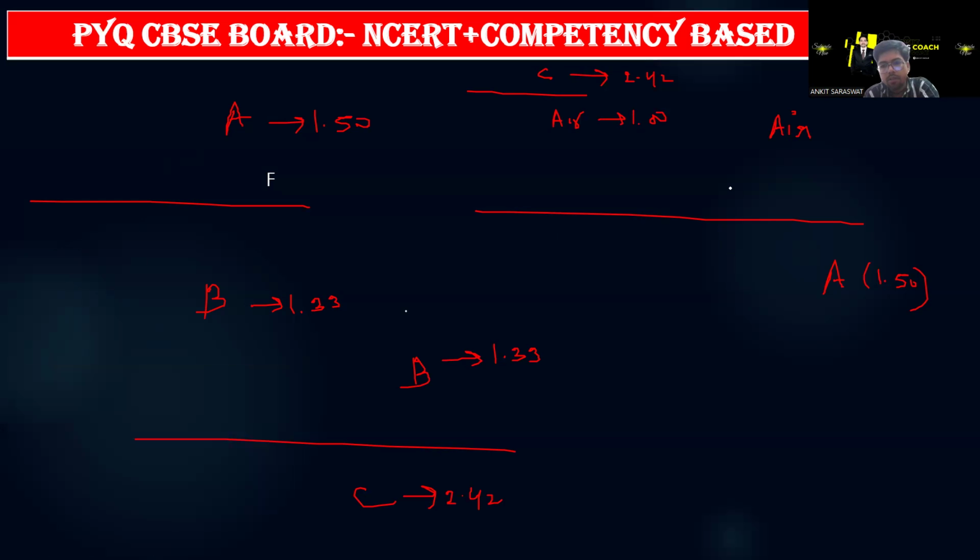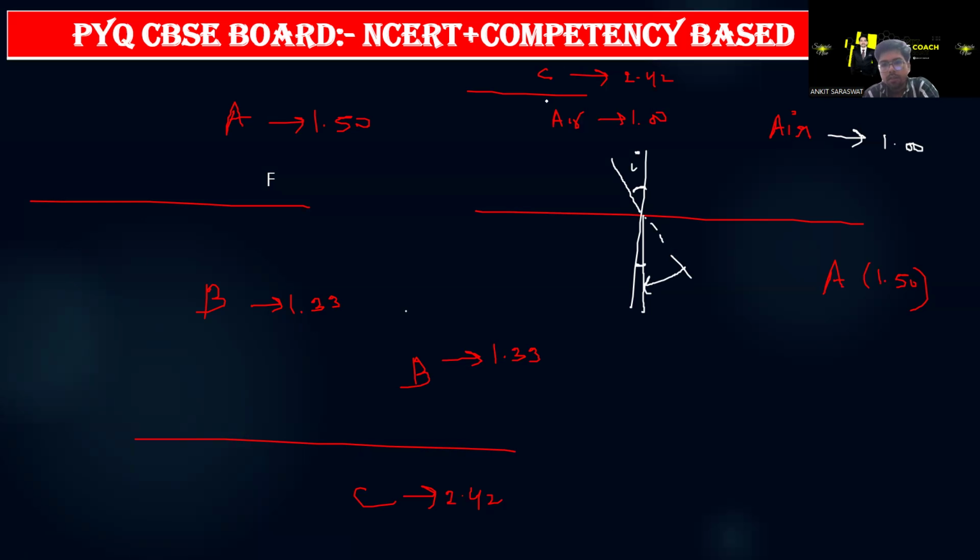Obviously, if it is going from air, which has refractive index 1, the light comes like this, and then suddenly the refractive index is more here, so it will bend more. The more the refractive index, the lesser the angle of refraction. This angle is very, very less, so more bending will be there. Clear? We are doing comparison.